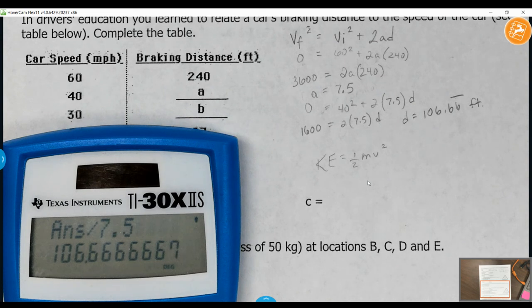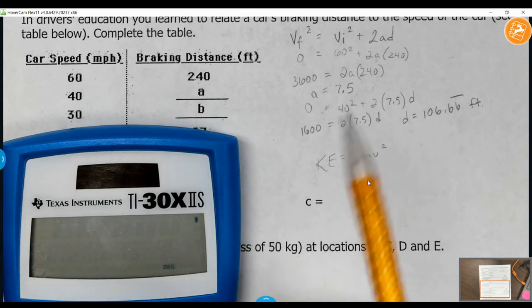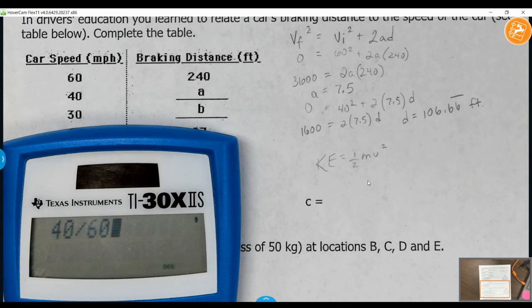All right, so at a velocity of 60 miles per hour, it's going to take us this 240 feet to come to a stop. So 40 over 60. It's 2/3 of your original speed right there.